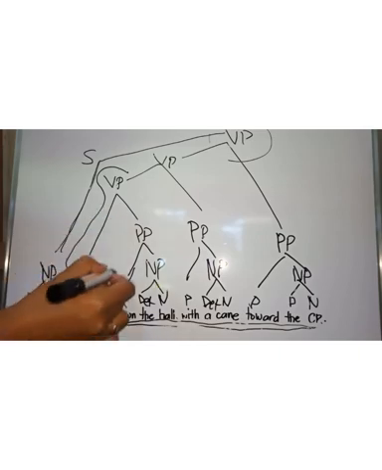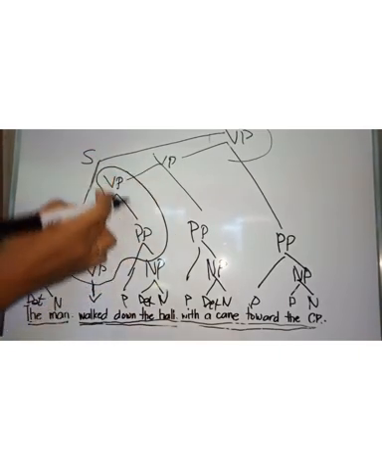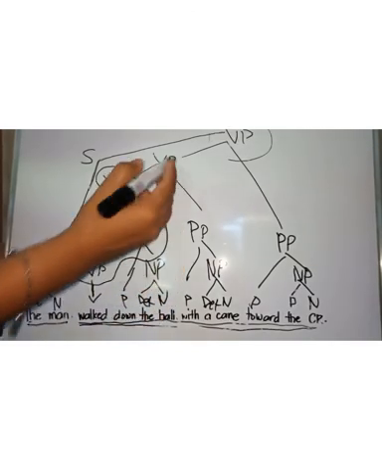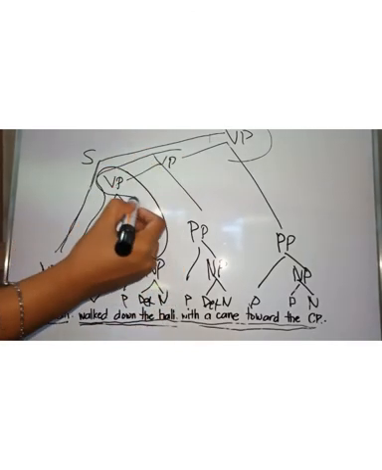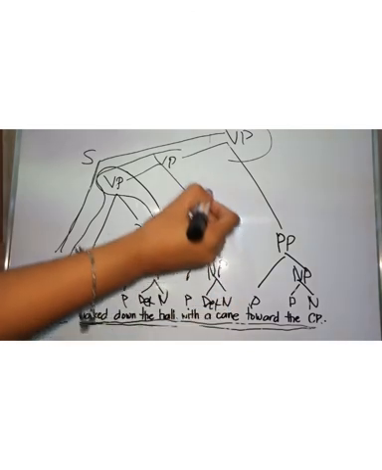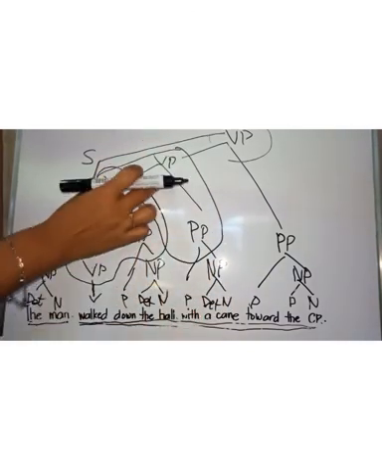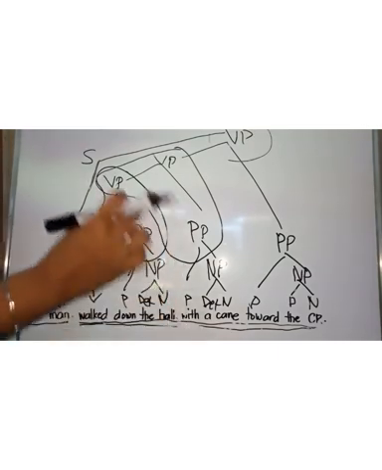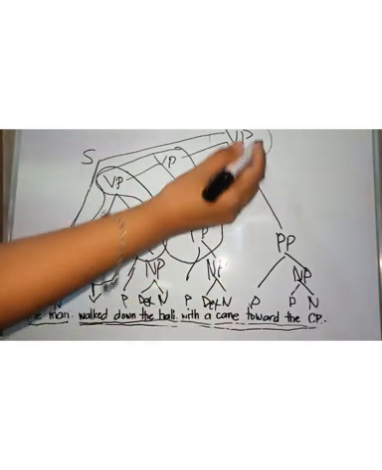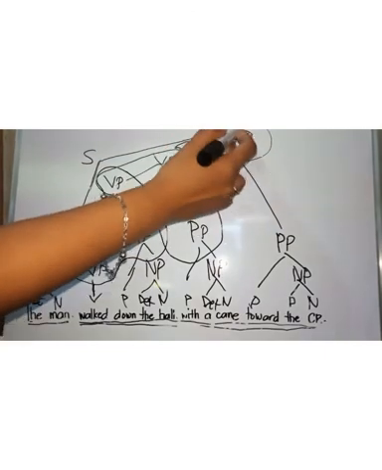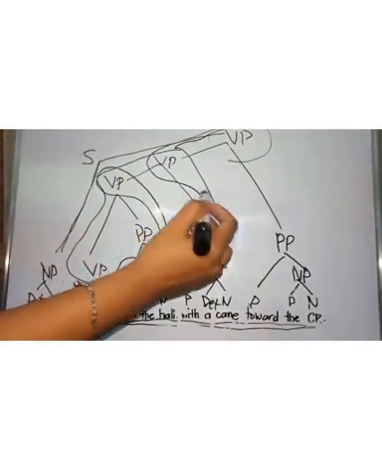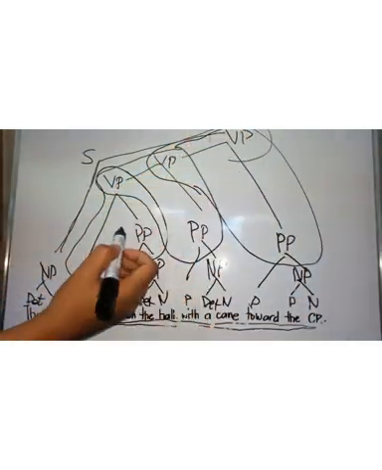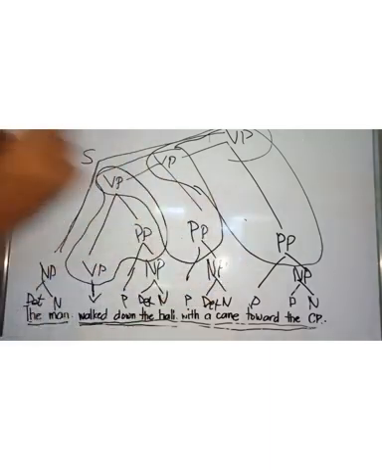A verb phrase can have a verb phrase and a prepositional phrase. And then it repeated, it was copied. This verb phrase here has a prepositional phrase. And then another verb phrase and a prepositional phrase. So we have 1, 2, and 3.